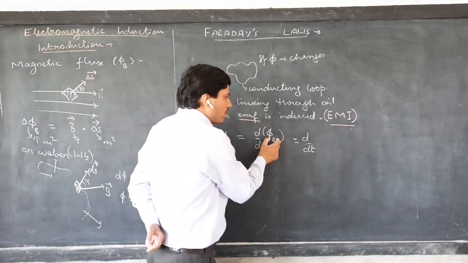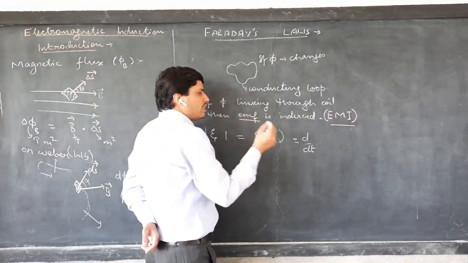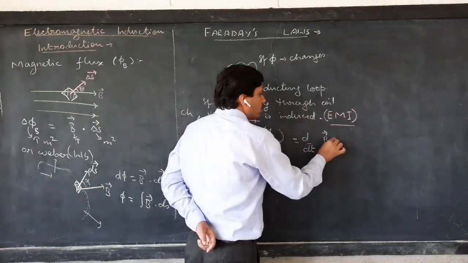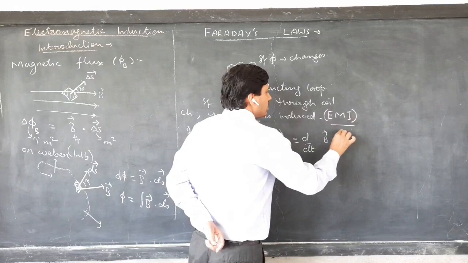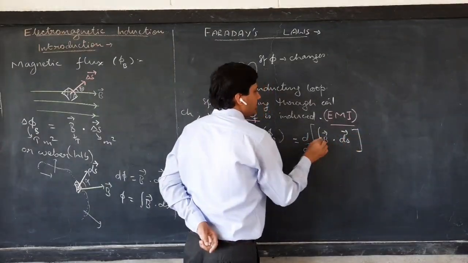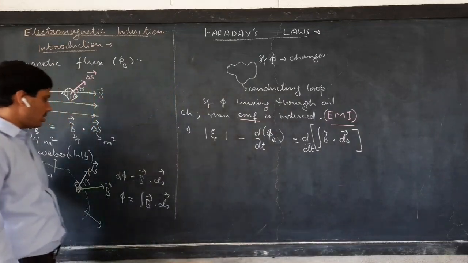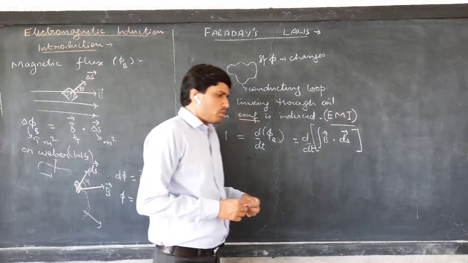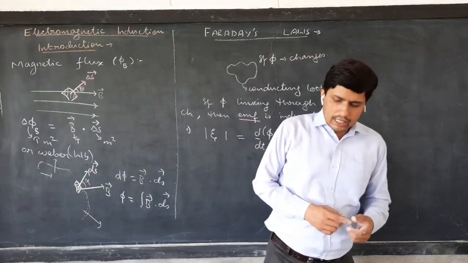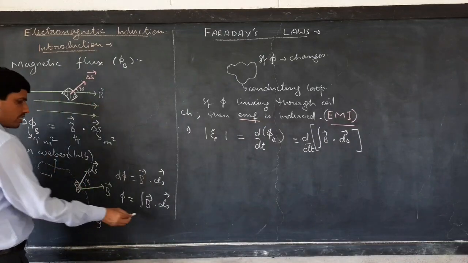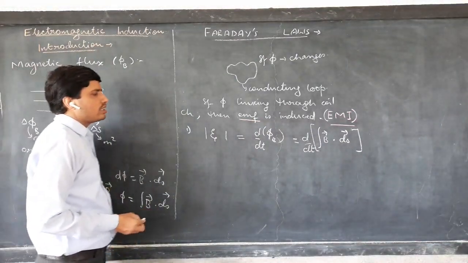If this is the flux over a very small area or some area A, then I can write it as B vector dot ds vector integral. As I have explained there, phi is B dot ds. Now suppose the angle between these two vectors B and ds is alpha or theta, then we can write B times ds times cos theta.